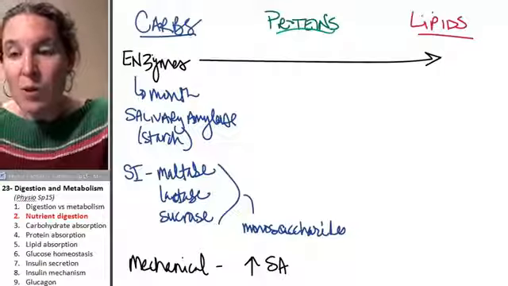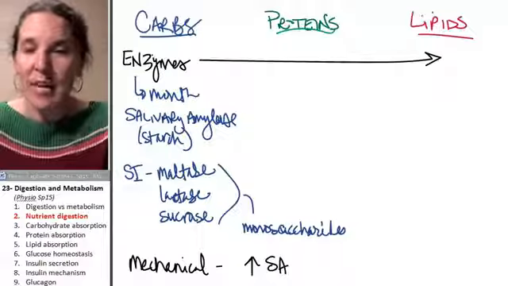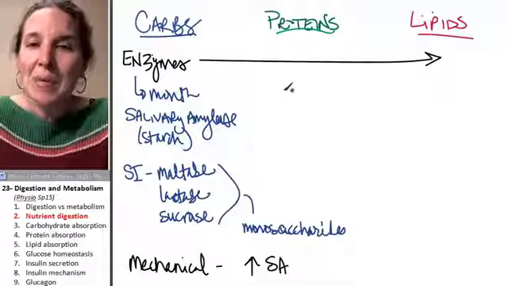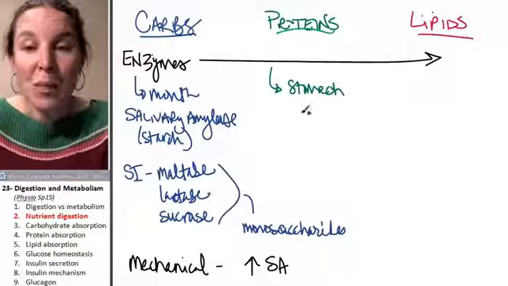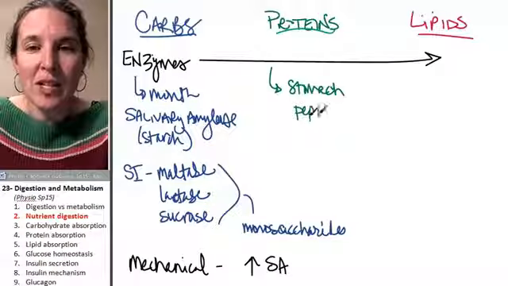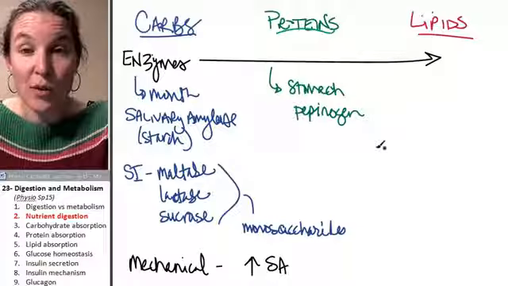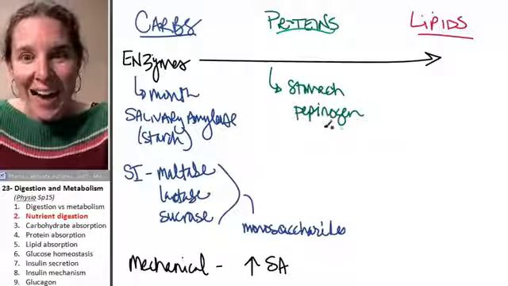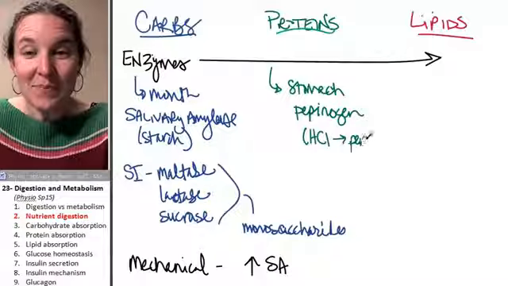Proteins, we have multiple proteases that are involved in protein digestion. Again, we can bust them up all we want, but we need the chemicals to break them down. This begins in the stomach. And if you remember from anatomy, we had pepsinogen, which was a protein enzyme that was produced by cells in the stomach, and pepsinogen is activated by hydrochloric acid into pepsin.